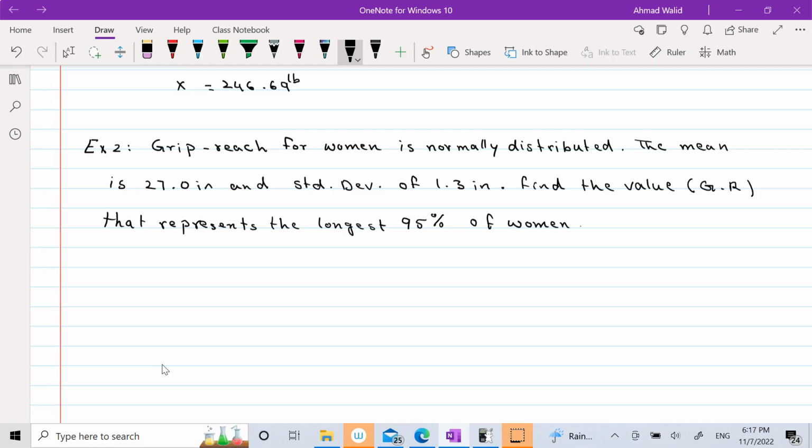Actually, this example, a car company wants to design a car. They want to make sure that they place, for example, their CD player in a position that a woman, if she drives this car, can easily reach without moving from her seat. Her hand can reach.